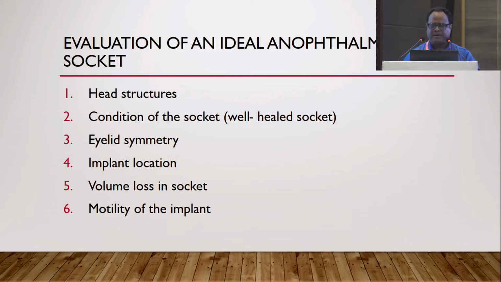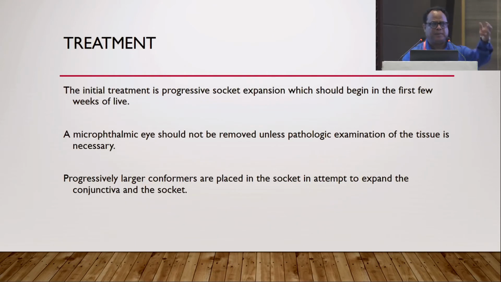For that evaluation, it is very, very important to know the size of the microphthalmic cyst, the location of the cyst, and whether it is enlarging or not. Sometimes it may be static, or sometimes it may enlarge with age. So the initial treatment is progressive socket expansion.